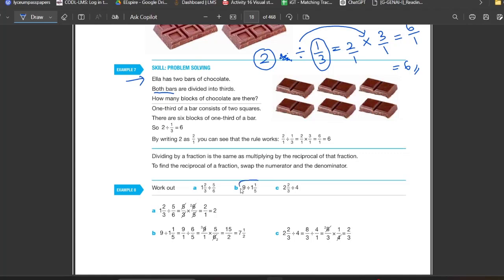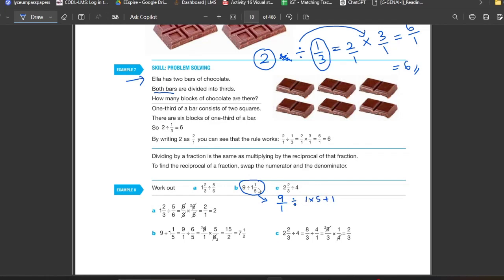Let's check this type of question. Now you have a fraction, a mixed number and a whole number. First thing, you can write this whole number as a fraction. If there is nothing in the denominator, you can always put 1. There's no harm in that. And 1 and 1 over 5, you can write as 1 times 5 plus 1.